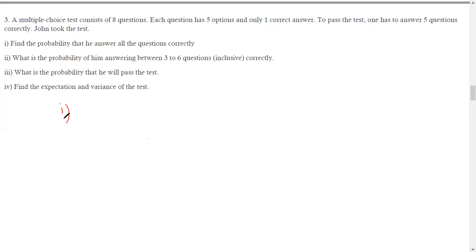So the random variable today will be: let X be the number of correct questions. Remember, the declaration is always a very overlooked portion of statistics. But in fact, the declaration of the random variable is the most important because it determines how you look at the question.